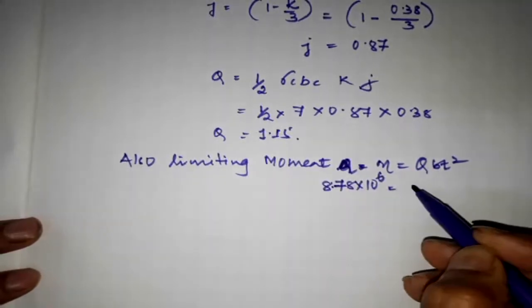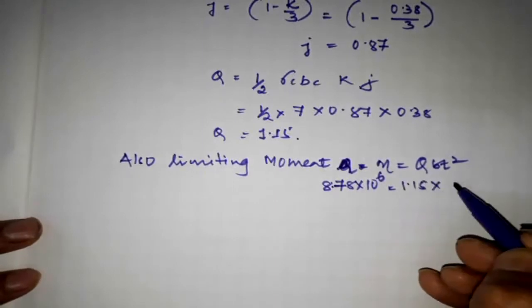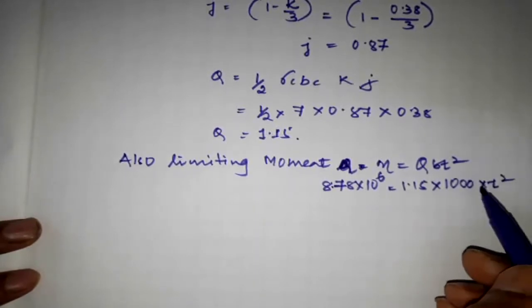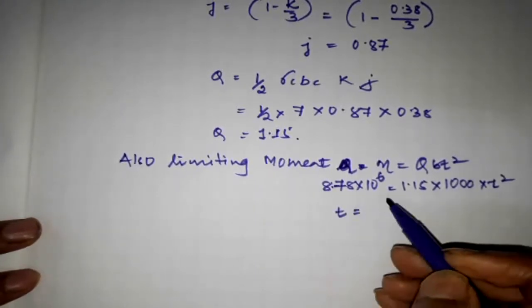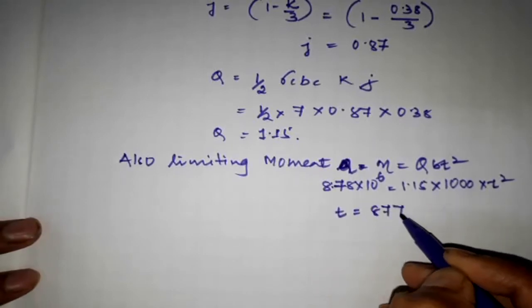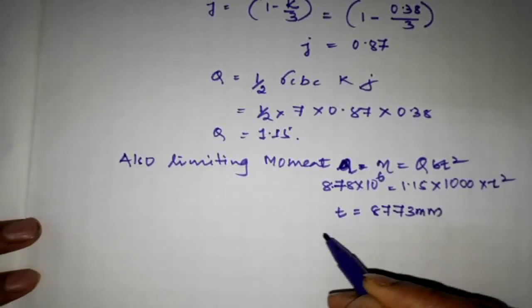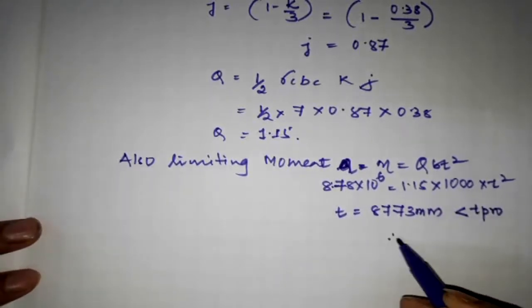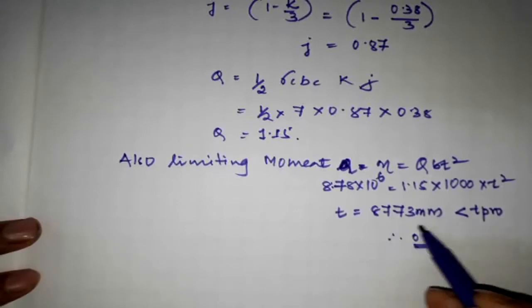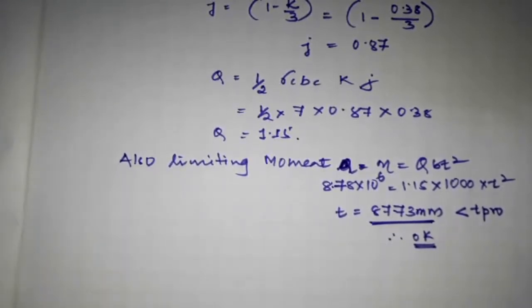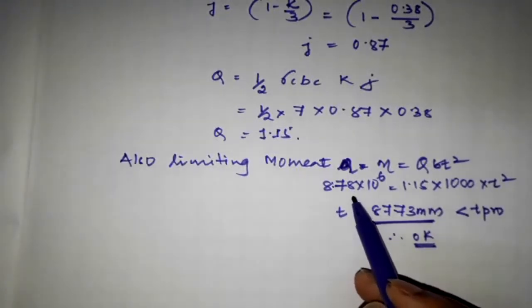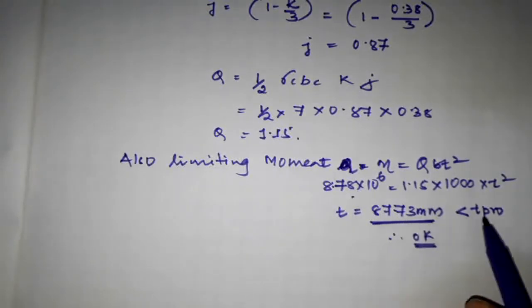Q is 1.15, B is 1000 into T square. So we get T from this, that is 87.73 mm, which is less than T provided, therefore okay.